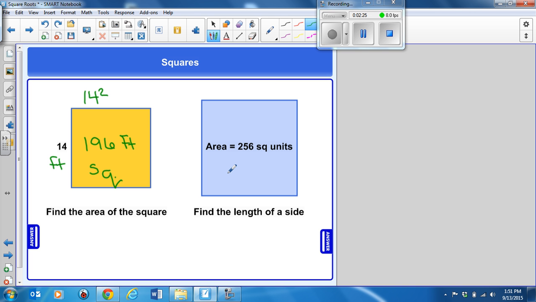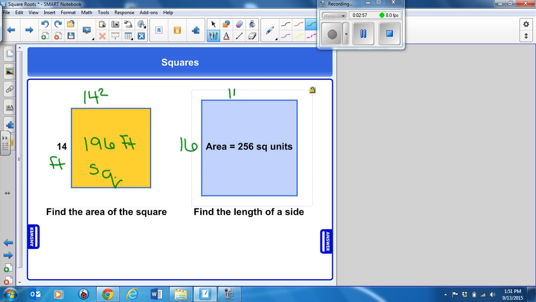All right, now over here we have the area of a square. But what we want to know is how long is one side of the square? So what number did we square to get 256? Okay, so we know that 14 squared is 196. We know 15 squared is 225. So 16 squared would be 256. So we know that we had to square 16 in order to get 256.